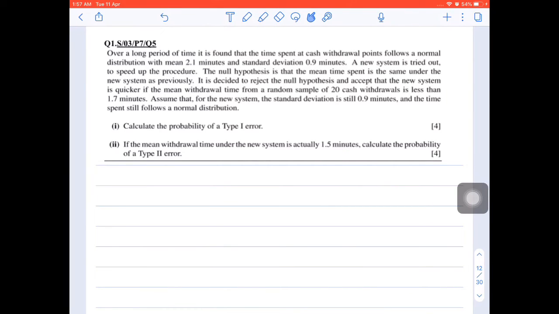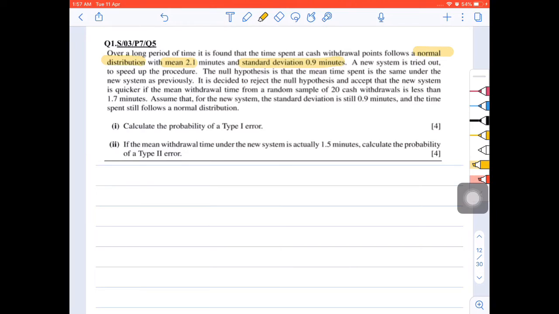The next question: over a long period of time, it is found that the time spent at cash withdrawal points follows the normal distribution, with mean 2.1 minutes and standard deviation 0.9 minutes. A new system is tried out to speed up the procedure.